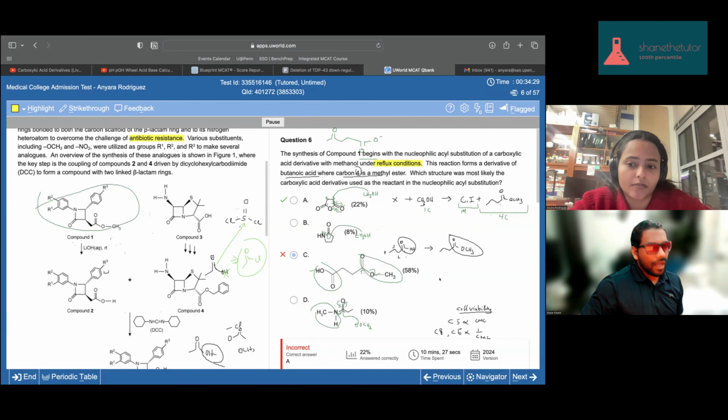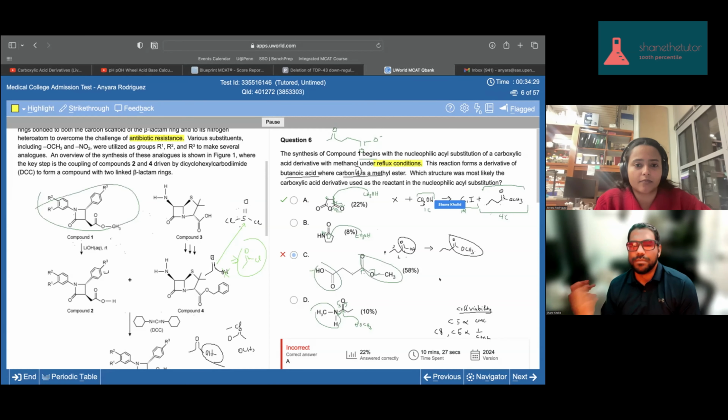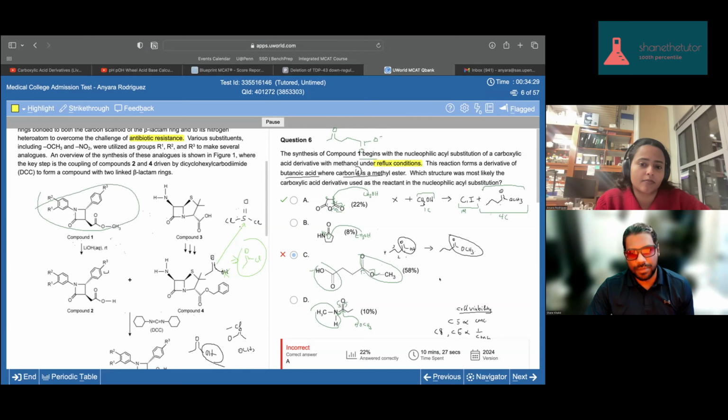But yeah, I think the best way to go about this is by looking at this product, and then we must think, what can we add methanol to, in which methanol will act as a nucleophile? We know that also from them telling us nucleophilic substitution with methanol.